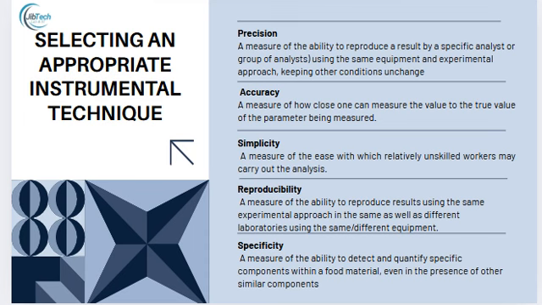All right. So a good example of that is when you have a weighing balance, and you weigh a particular sample, and it gives you the weight of the sample to be, let's say, 10.5.